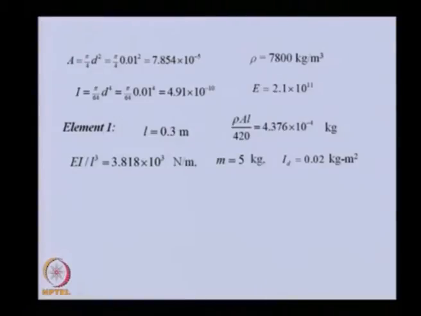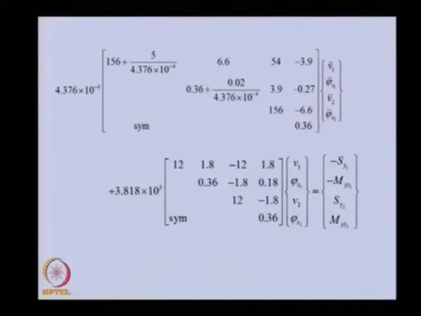For element 1, because the dimensions are given, this is the elemental length, and this is the elemental equation. Basically, this is the mass matrix, this is the stiffness matrix, and this is the reaction torque. In this particular case, we are not considering any external force.